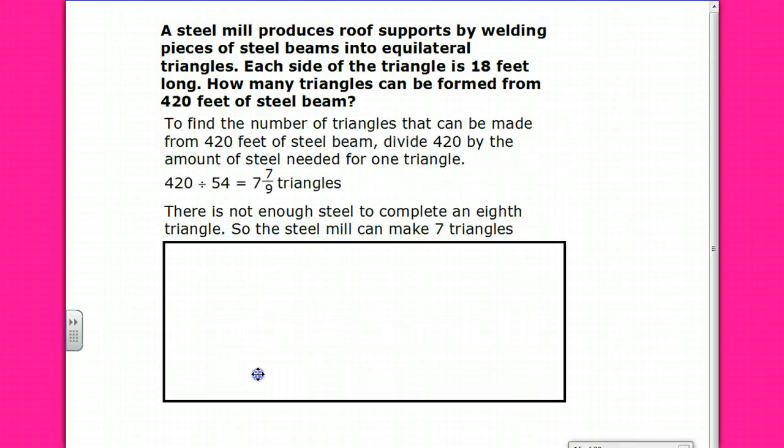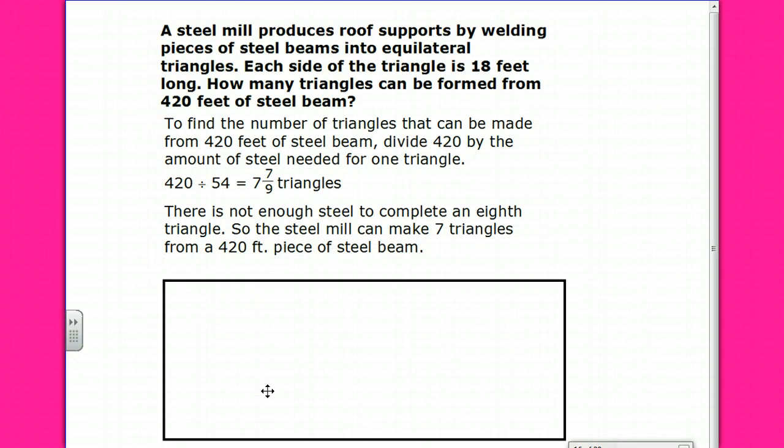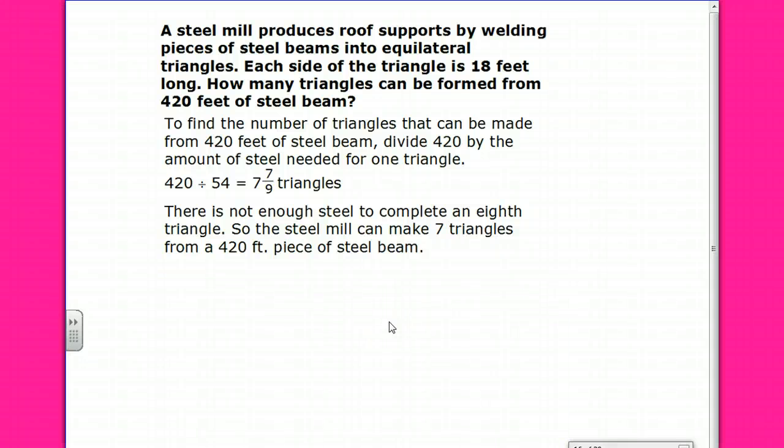And so we have 7 and 7/9 triangles. 7/9 doesn't give us enough steel to complete an 8th triangle, so we would say that the steel mill can make 7 triangles from 420 feet of steel beam.